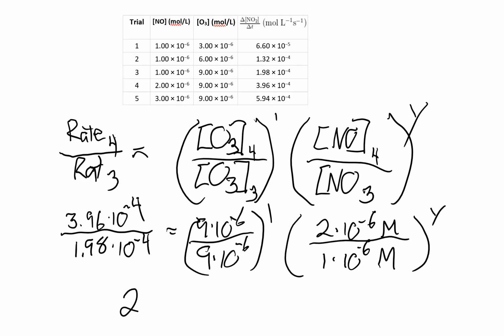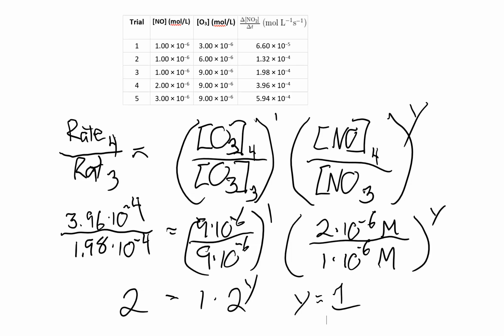We go through and plug and chug. We find the ratio of the rates is 2. 1 raised to the first power is 1 times 2 to the y. In this case, we find that y is equal to 1. So we say this reaction is first order with respect to nitrogen monoxide and first order with respect to ozone.